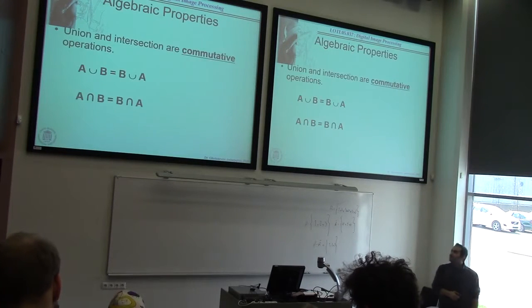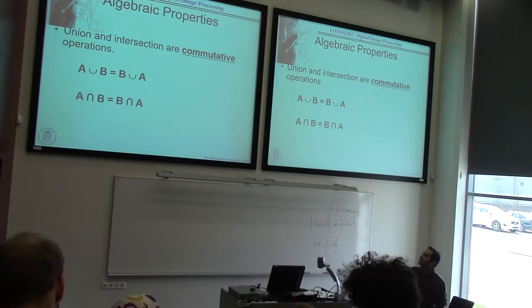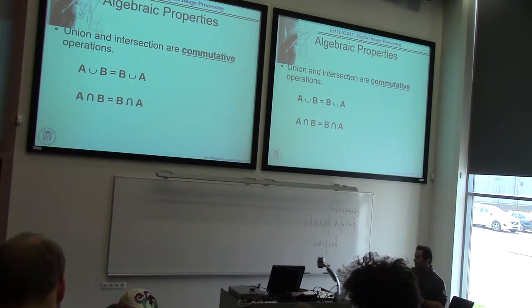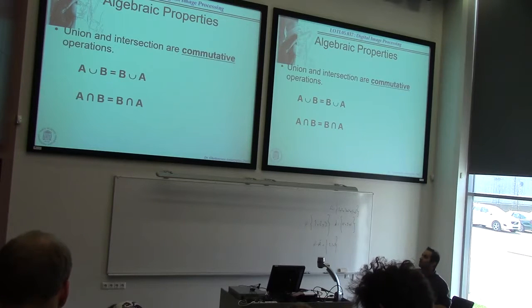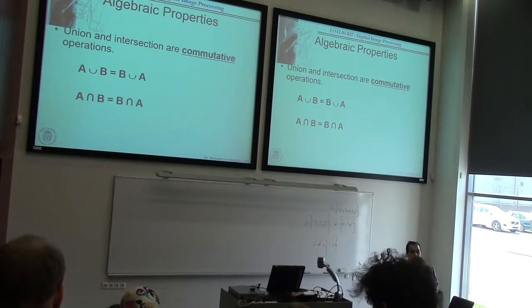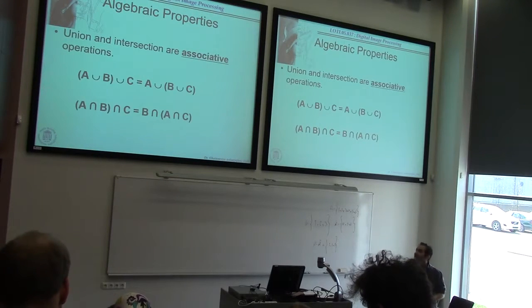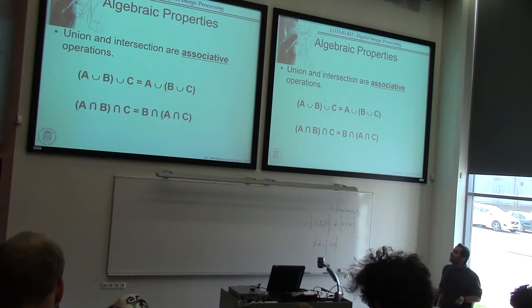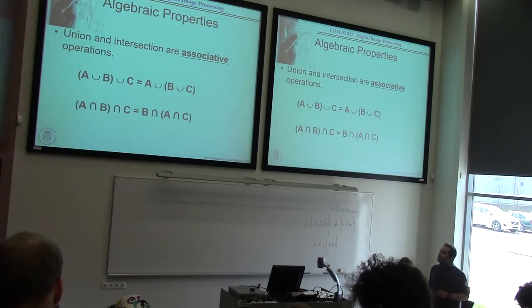We can also see that it doesn't matter in which order we write these operations. The union of A and B is equal to the union of B with A, and the intersection of A with B is equal to the intersection of B with A. The union and intersection are also associative operations, which means we can write it in this form and it is equal to this form.